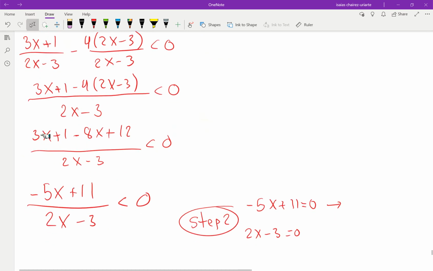So 3x minus 8x, that's okay. And then 1 plus 12, that should be 13. Oops. Let me erase. Sorry, technical difficulties. It's part of the job. So this is 13.